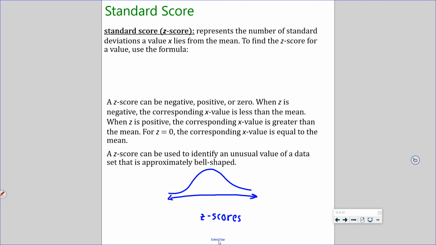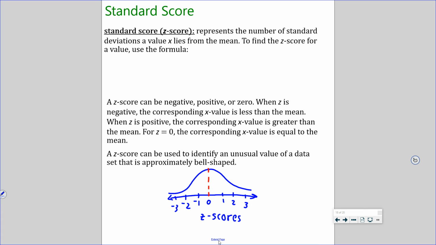Remember on a bell-shaped curve, your mean is right here. This would have a z-score of 0, so you're 0 standard deviations away from the mean. Then it could be 1, 2, 3 standard deviations away, -1, -2, -3. The weird thing with z-scores is they can be positive or negative.